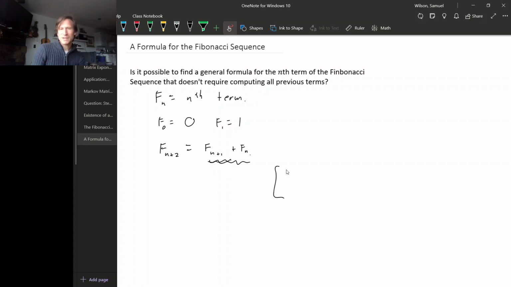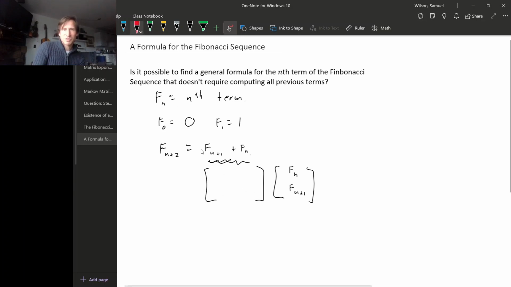It's as if we had a vector f sub n and f sub n plus 1, and then there's some matrix of coefficients, and it produces f sub n plus 2. But right, if we start with a two-entry vector to begin with, then on the left-hand side we should also have a two-entry vector probably.